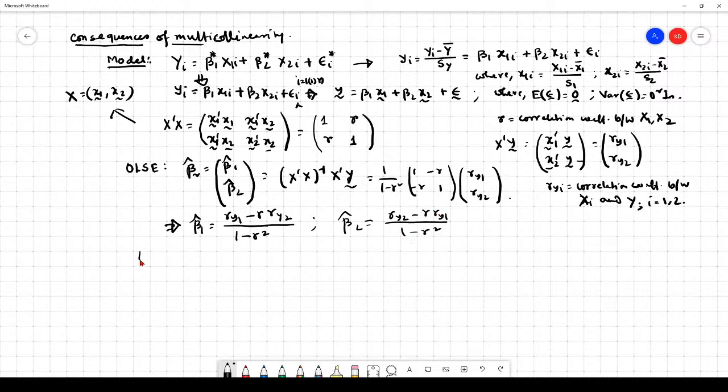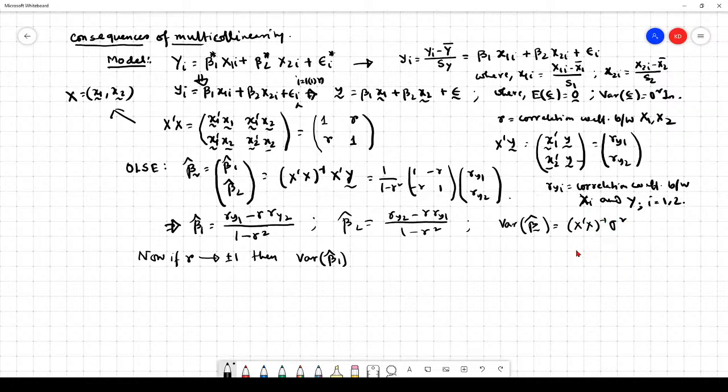Now if r, that is the correlation between x1 and x2, tends to either plus 1 or minus 1, then the variance of beta curl hat is equal to X prime X inverse sigma square.